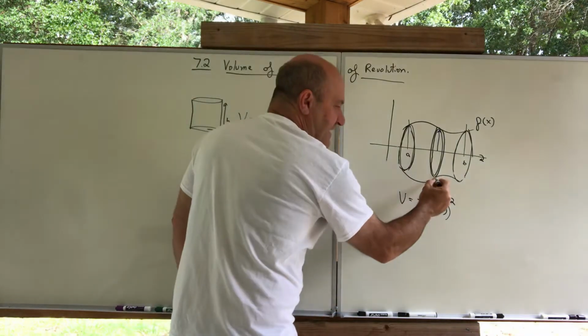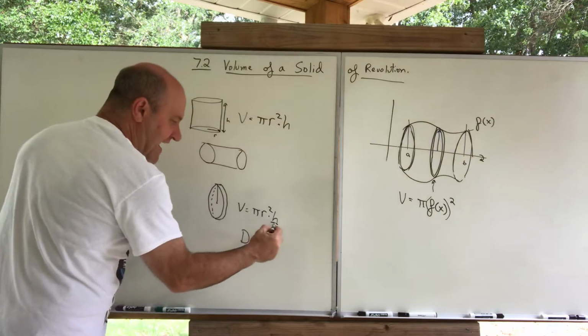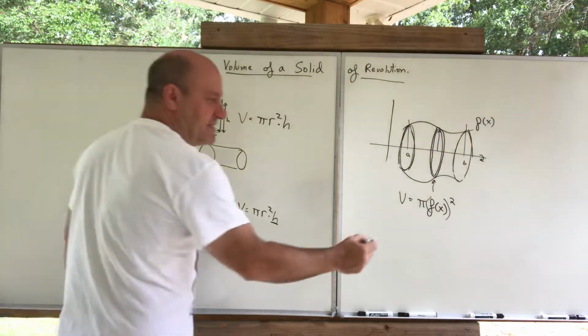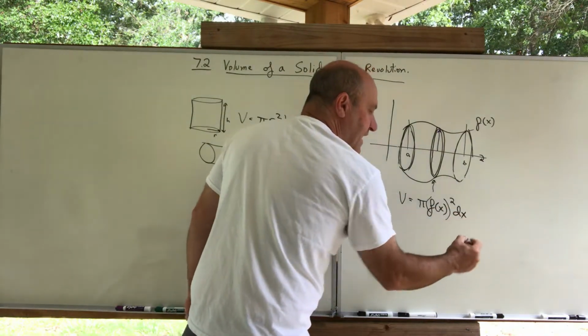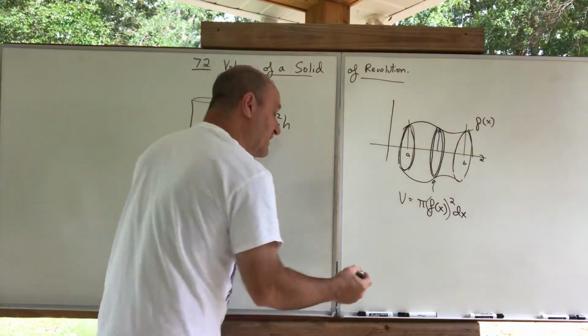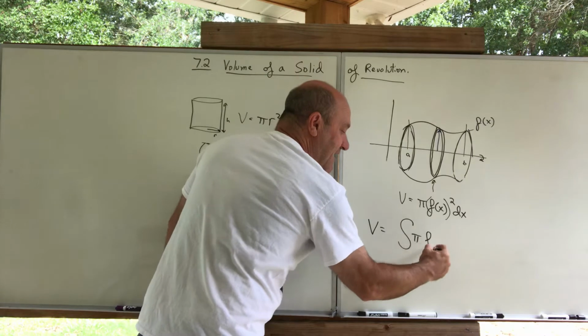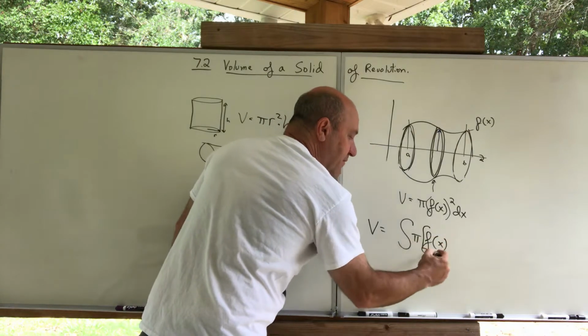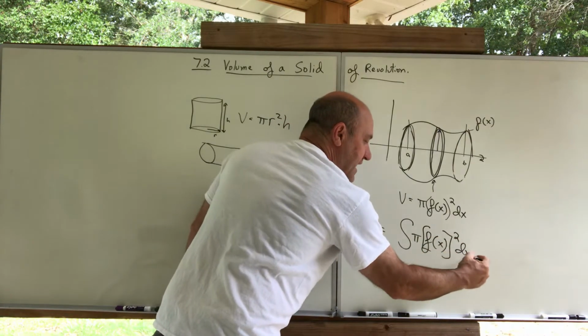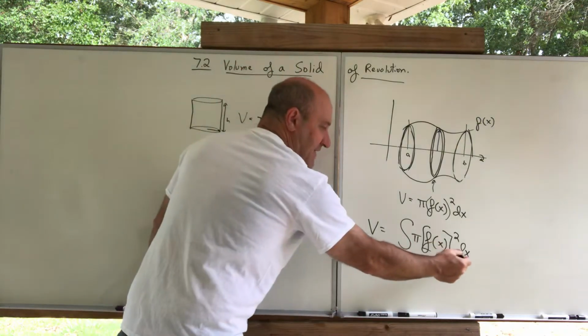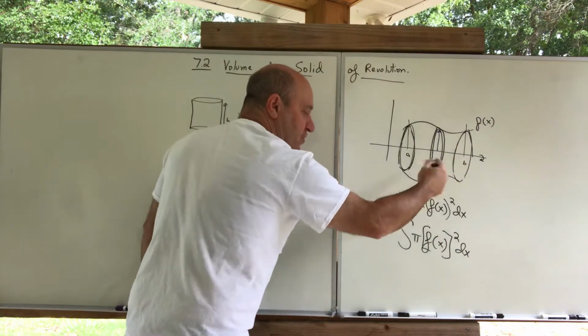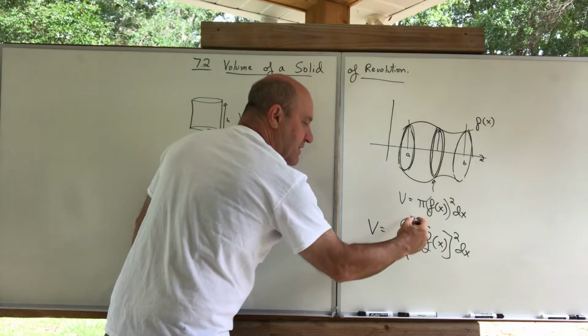So I'm saying the thickness of this is dx. And then we add all that up. So to get the volume, we do an integral of pi f of x, the function is my radius, squared, dx is my thickness. And I add up all those little disks from a to b.